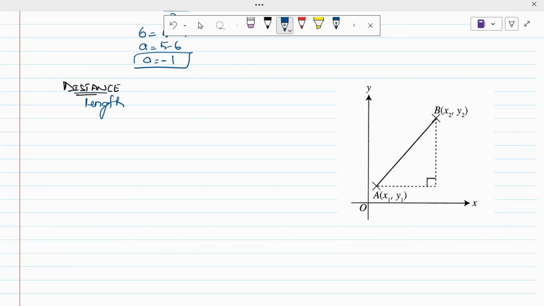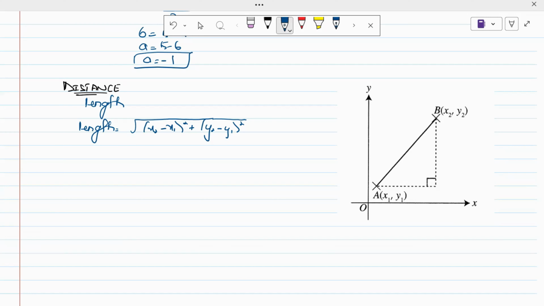If we have to find the distance or the length between these 2 points, we have the formula as length is equal to under root x2 minus x1 whole square plus y2 minus y1 whole square. Where x1 and y1 represent the coordinates of the first point, x2, y2 represent the coordinates of the second point.